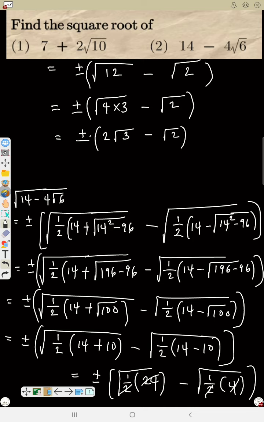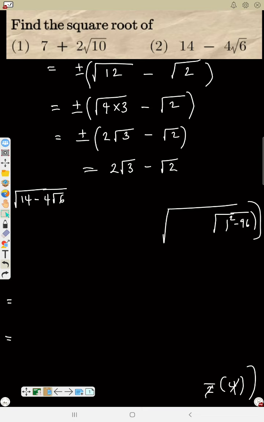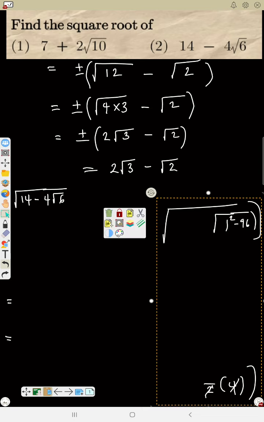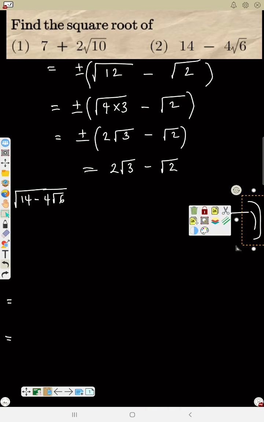So I will need to ignore the minus, so I pick the plus. So this will be equals to 2 root 3 minus root 2, which is the same answer as the first method.